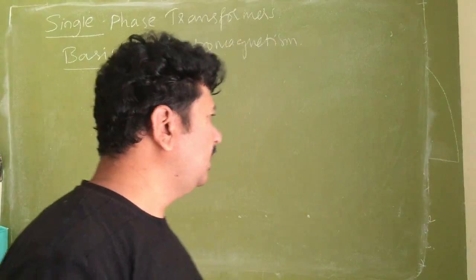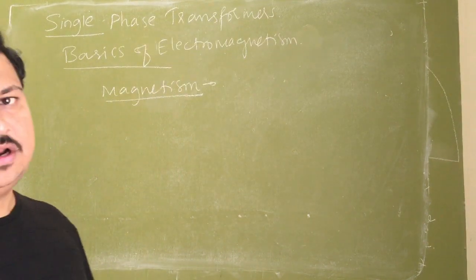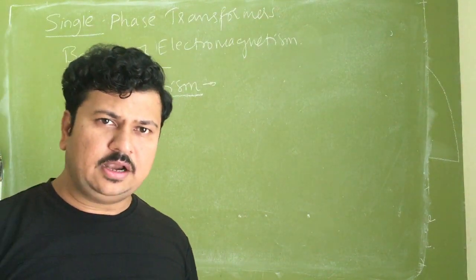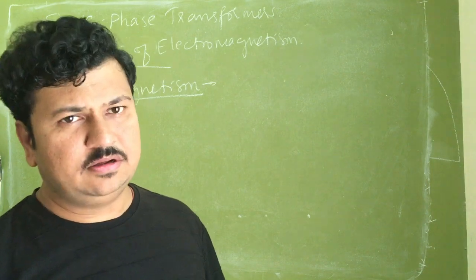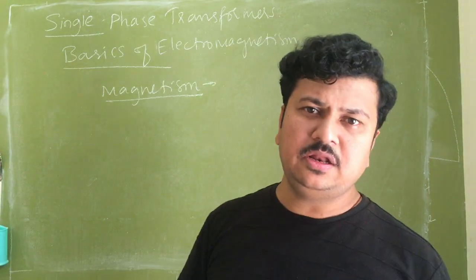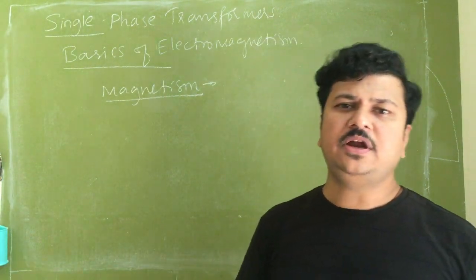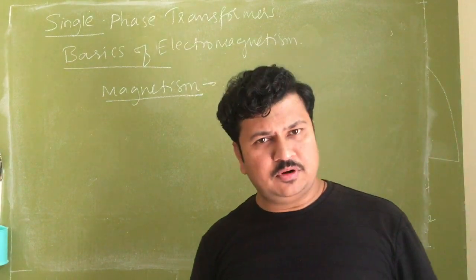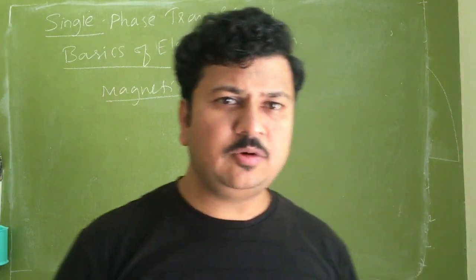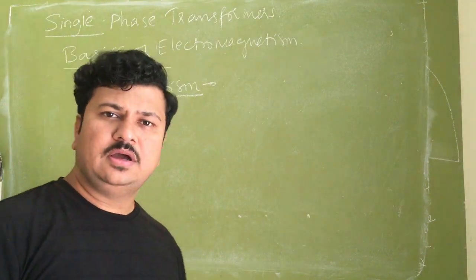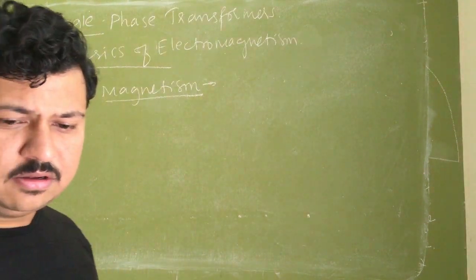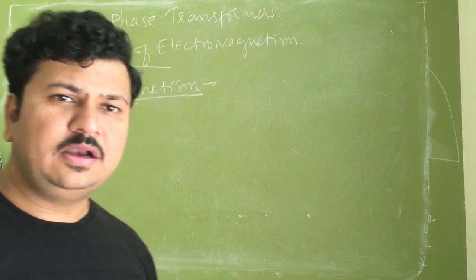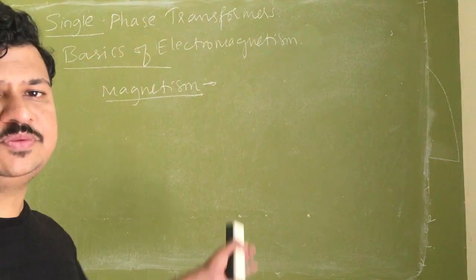When I take an iron needle near the magnet, either it will get attracted or it will get repelled. Now if the iron needle is magnetically neutral, definitely it will get attracted. If the iron needle is magnetically polarized, then either it will get repelled or it will get attracted depending upon its polarity with respect to the magnet.